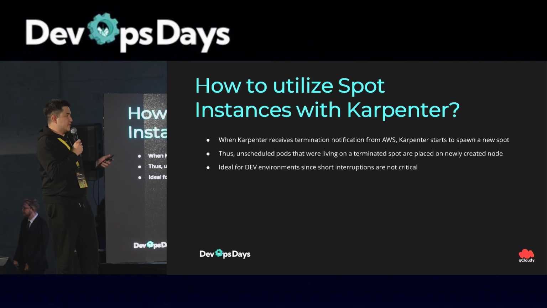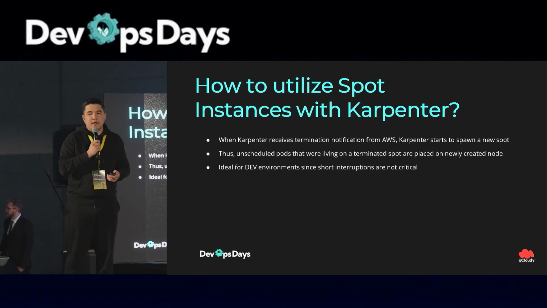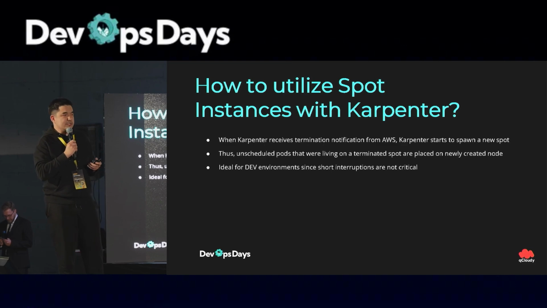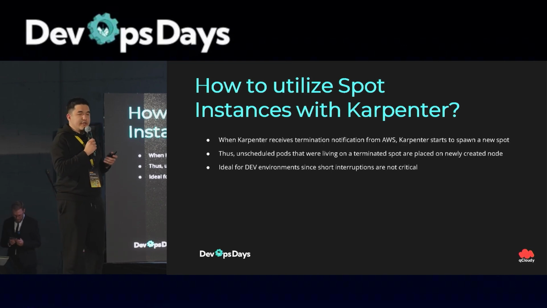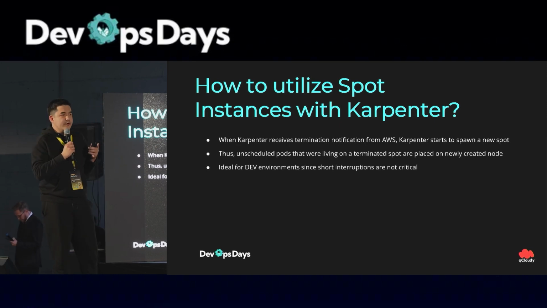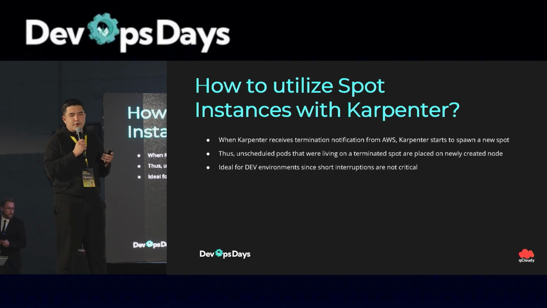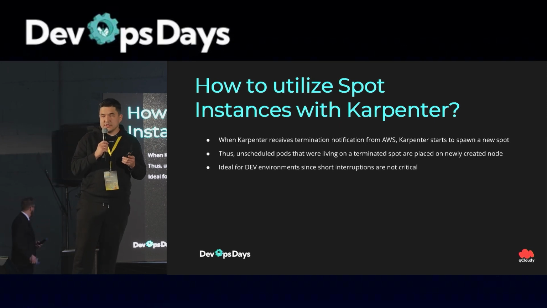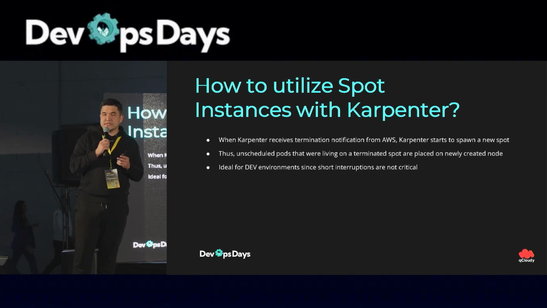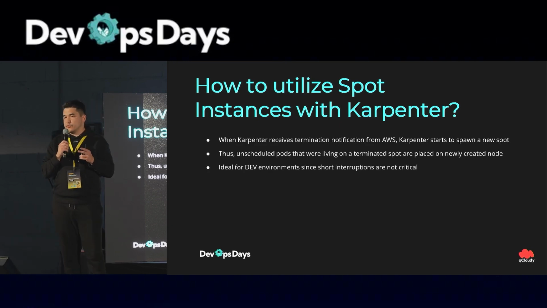So how can these two work in combination? Karpenter can handle spot interruptions natively. When AWS signals a spot instance termination, Karpenter does two things. First, it automatically cordons and drains the spot instance before the termination event happens. And second, it automatically starts to spawn a new spot instance for our kube cluster.